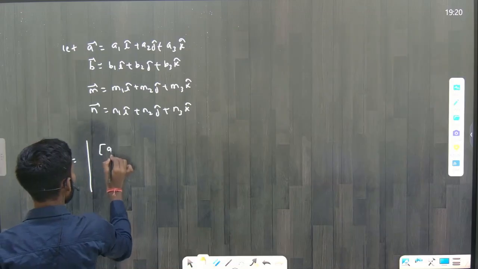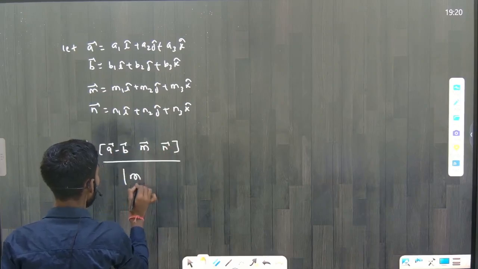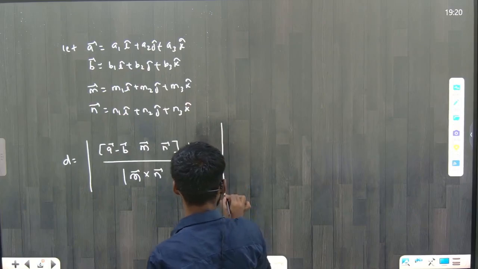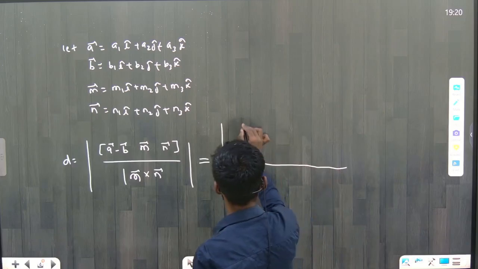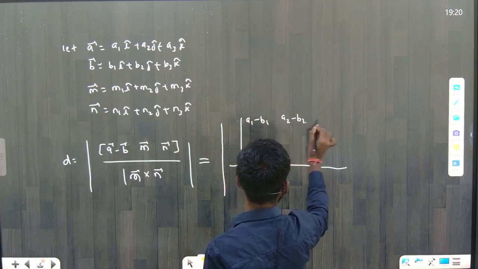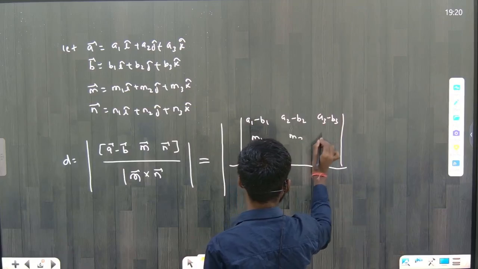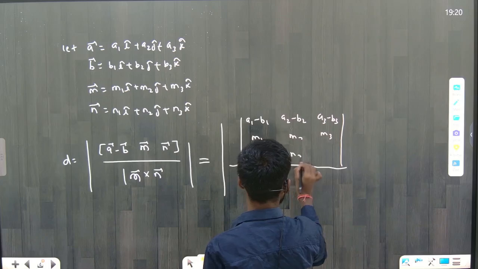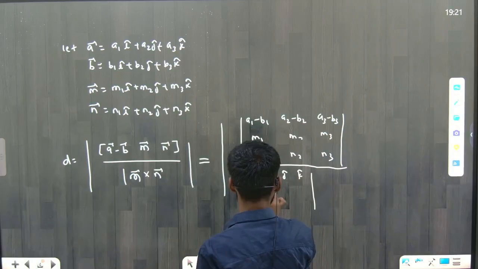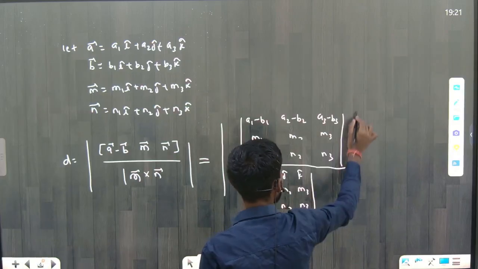Box of A vector minus B vector, M vector, N vector, divided by the magnitude of M cross N. Then how can we write it? We just take a modulus on the outside. The determinant of A vector minus B vector: A1 minus B1, A2 minus B2, A3 minus B3; then M1, M2, M3; and N1, N2, N3, with i cap, j cap, k cap in the other form.